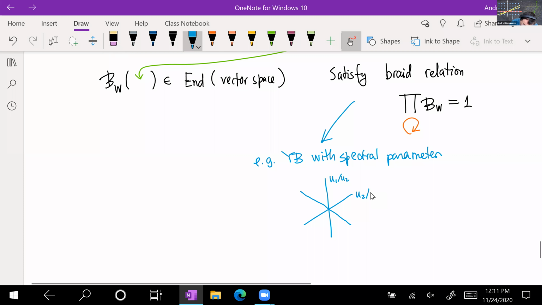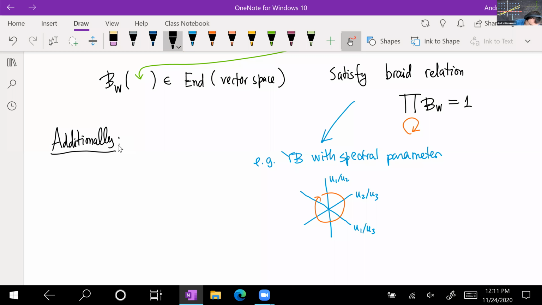Then you have u2 over u3, and then you have u1 over u3. And then Yang-Baxter says that if I multiply all these matrices around, I get 1. That's one example. And then additionally, I'd like the automorphisms of my lattice, automorphisms of my arrangement.